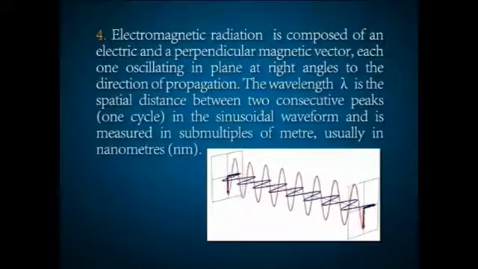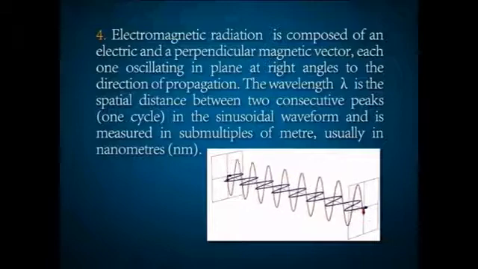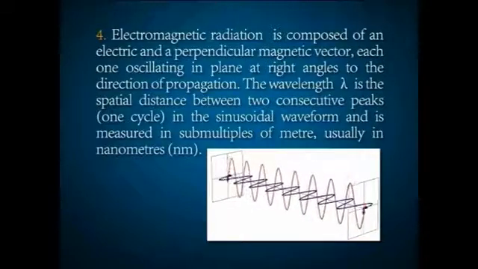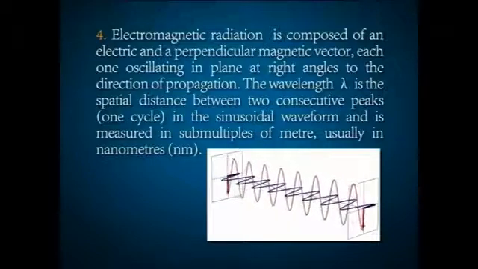The transitions which occur within the matter are quantum phenomena, and the spectra which arise from such transitions are principally predictable. Fourth, electromagnetic radiation is composed of an electric and a perpendicular magnetic vector, each one oscillating in plane at right angles to the direction of propagation.